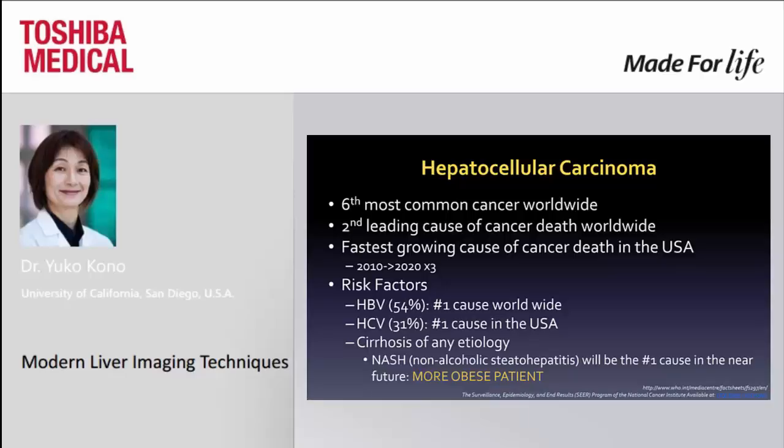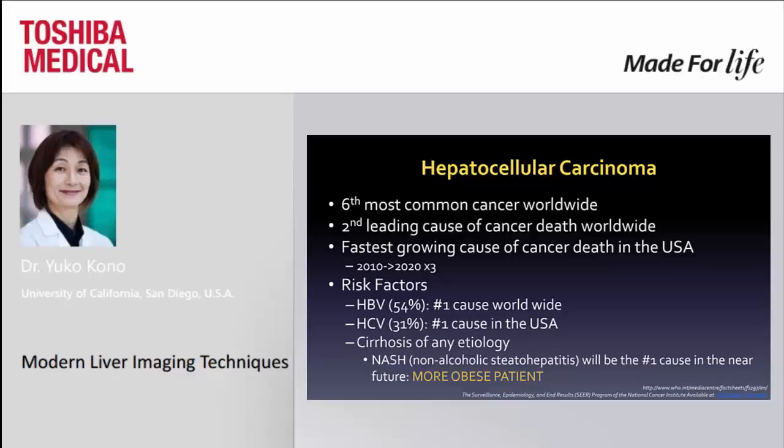Now, cirrhosis of any etiology is also a risk factor, and NASH, or non-alcoholic steatohepatitis, is rising and will be the #1 cause of HCC liver mortality in the near future, which is associated with obesity and metabolic syndrome, which is a problem for ultrasound.